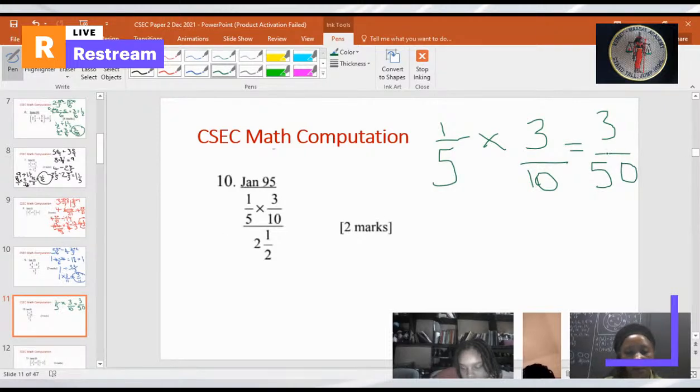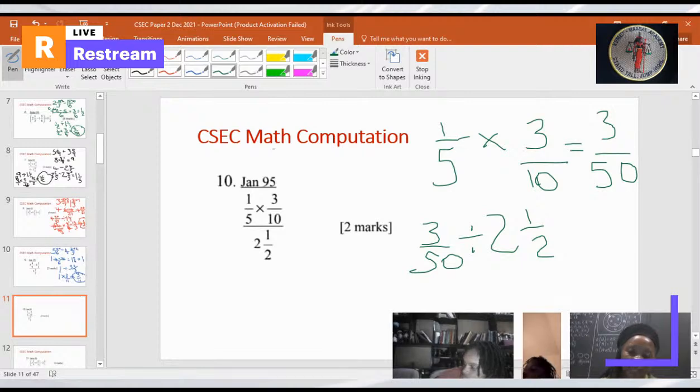And then we're going to divide it by this, right? Yes, because this sign here means divide. So we have 3 over 50 divided by 2.5.